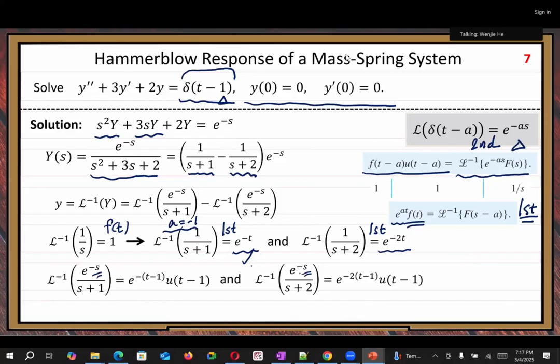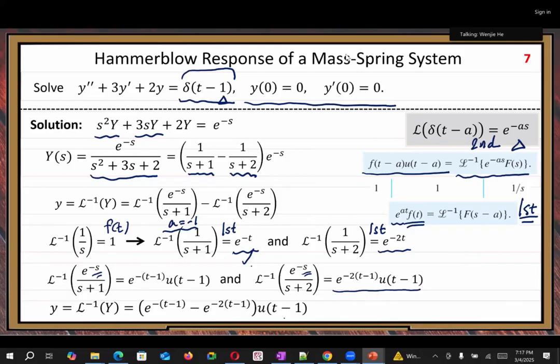The shift is the same by one unit to the right, but the little f function is different. So then you put it together, and you get little y. When you do the calculation, you should be very careful.